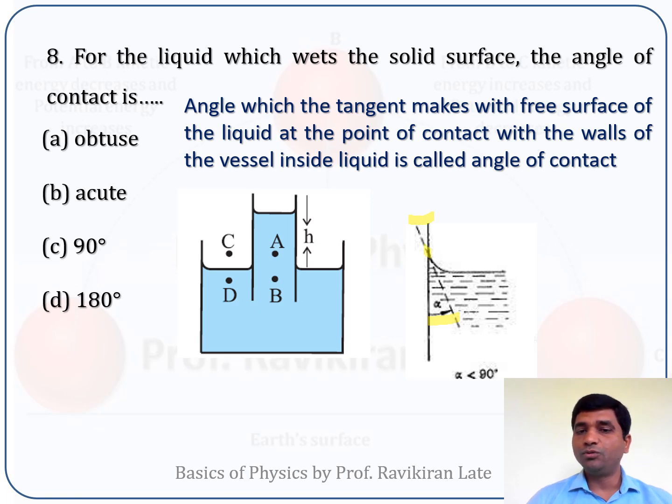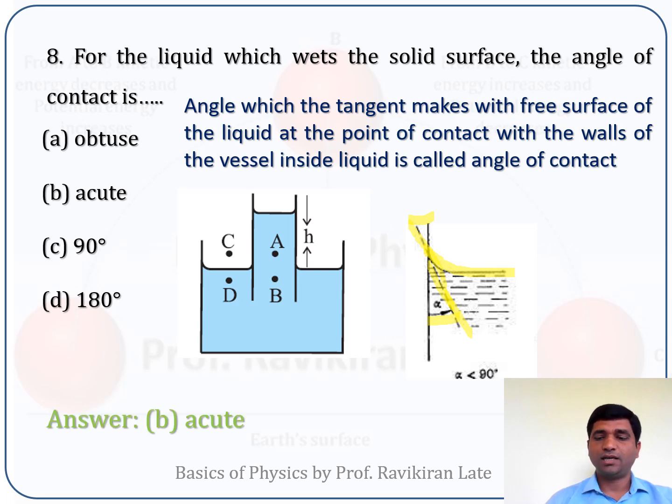For a liquid whose surface is curved like this, this angle comes out to be less than 90 degrees, and we call it an acute angle. So the answer is acute angle, option B.